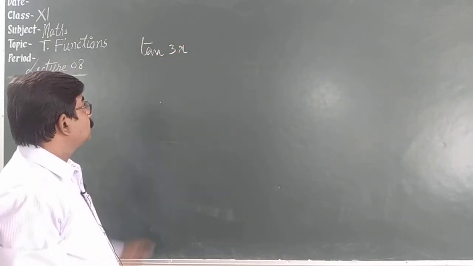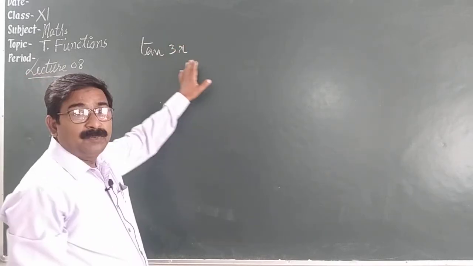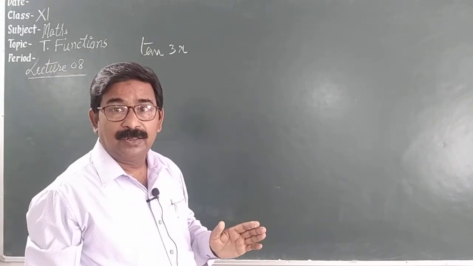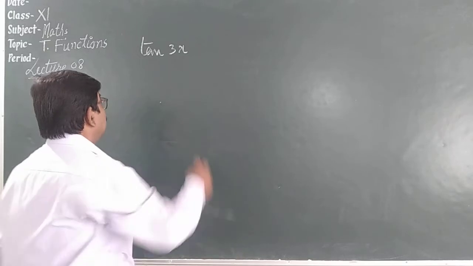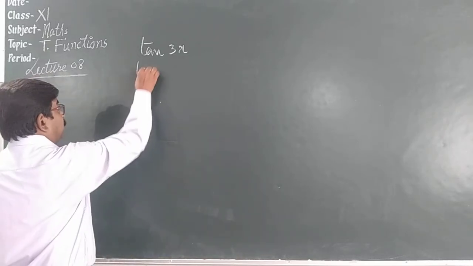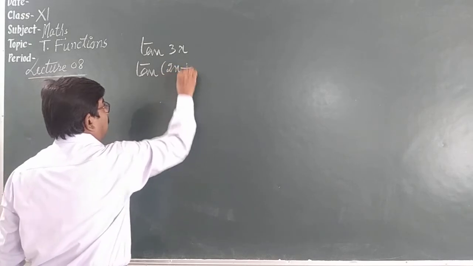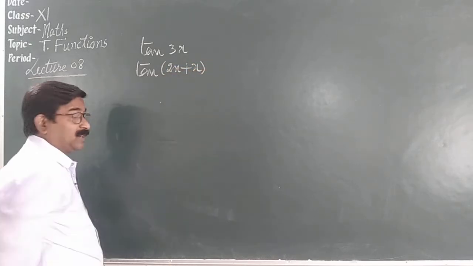Once again, this tan 3x can be broken, 3x can be broken into 2x plus x. So we can write tan of 2x plus x, or x plus 2x.